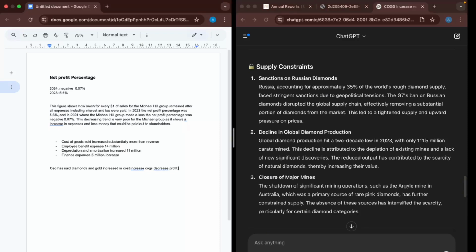So we'll just put in here for our notes: war in Russia, Ukraine, caused sanctions on Russia, which accounts for 35% of market, less supply increases, which increases price.